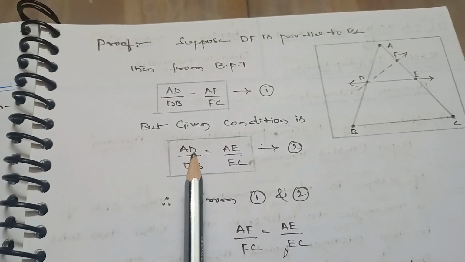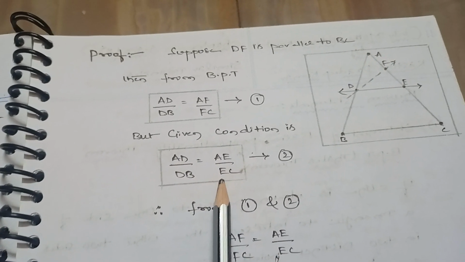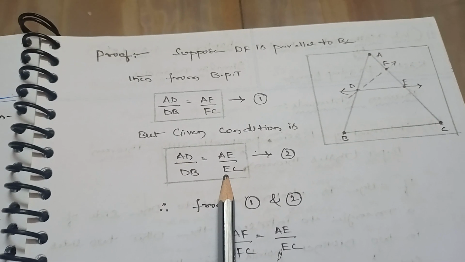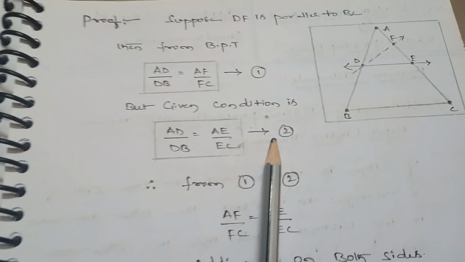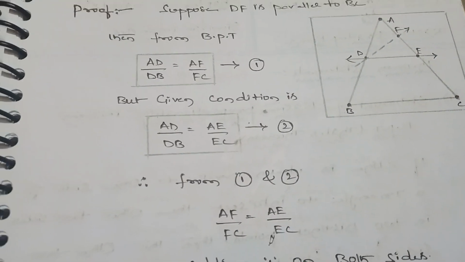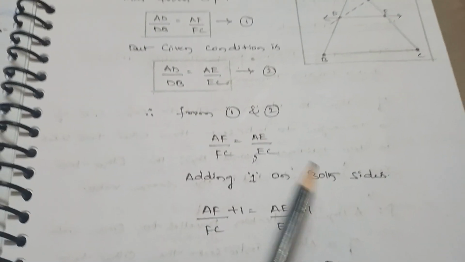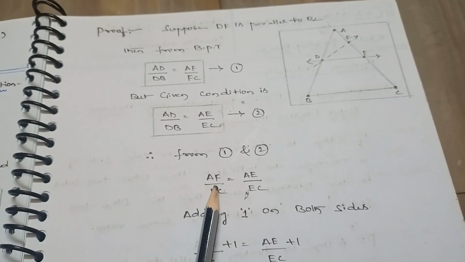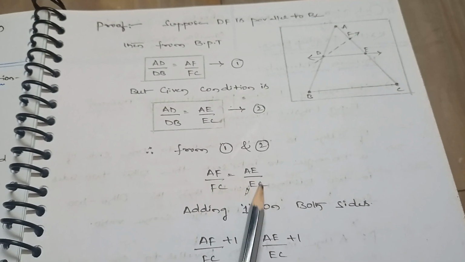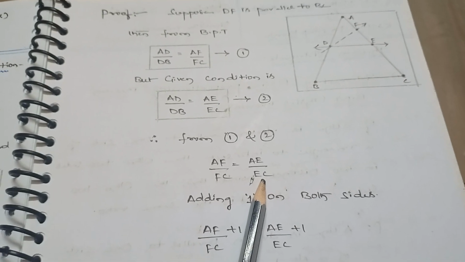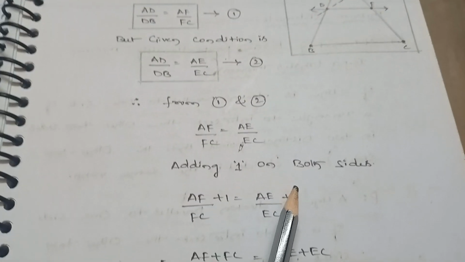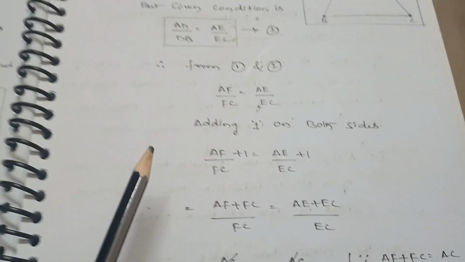But given that AD by DB equal to AE by EC, that is given in the statement. So take it as equation 2. Now from 1 and 2, guys, we get AF by FC equal to AE by EC. Now adding 1 on both sides. Why do we need to add 1 on both sides?